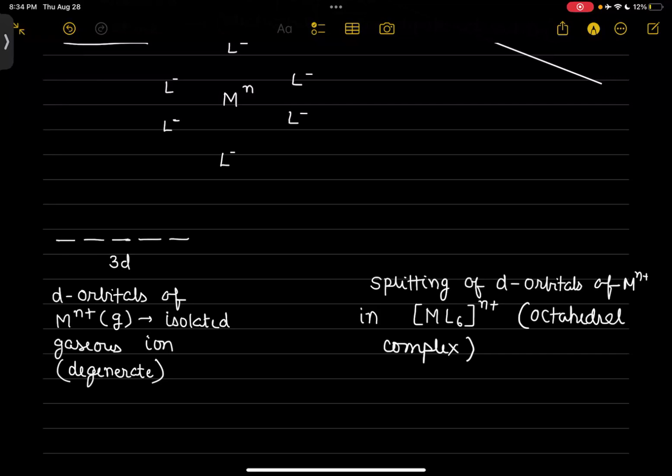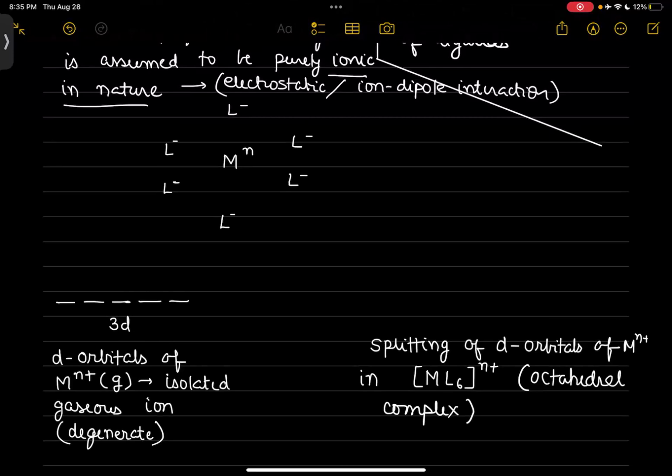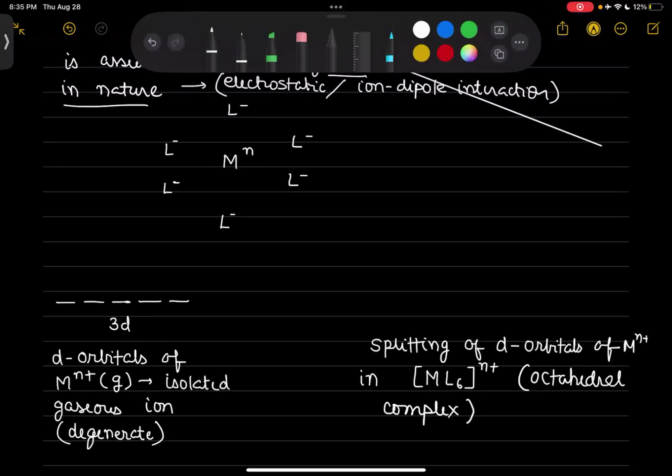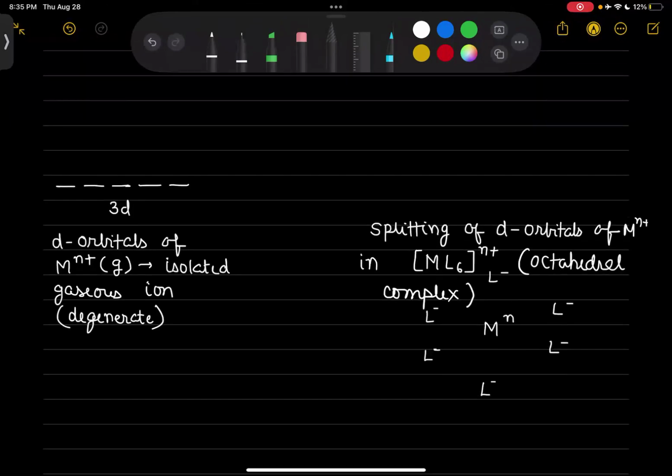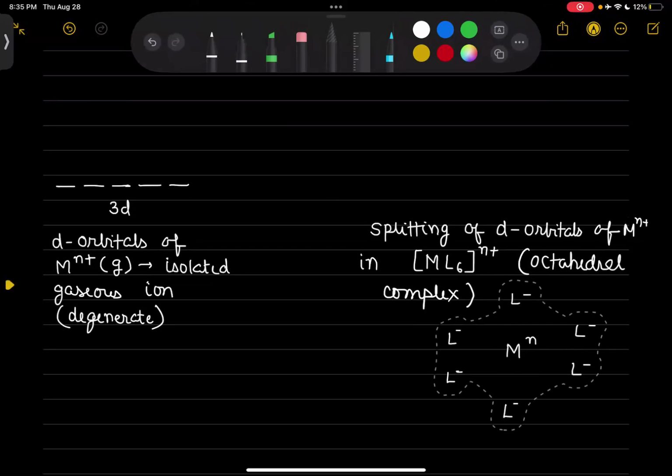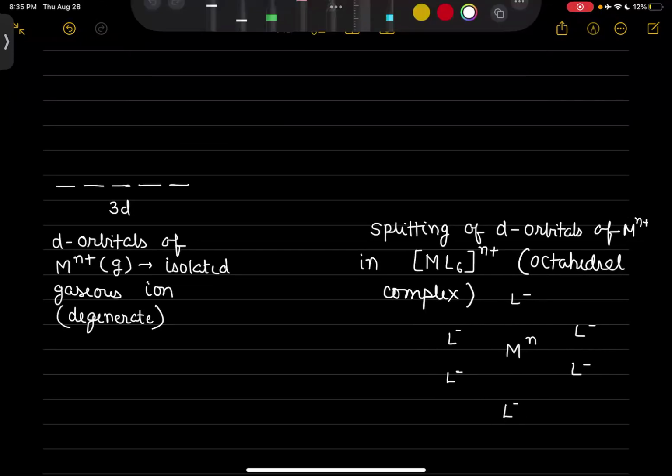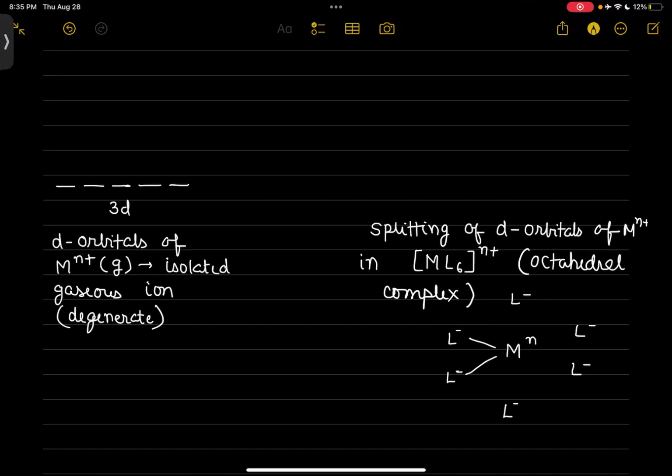Splitting of d orbitals of the metal ion in an octahedral complex. When the metal ion is surrounded by ligands, as you can see in this case, this is the metal ion surrounded by 6 ligands, and this is an octahedral complex. So what will happen to the energies of the d orbitals?